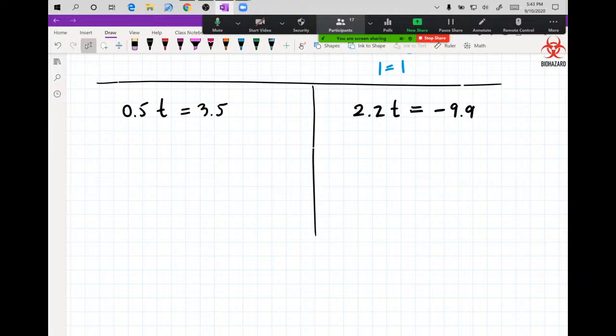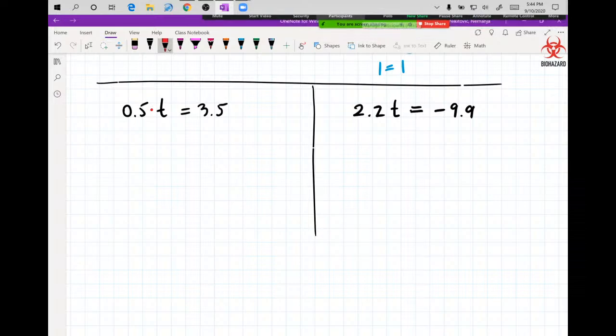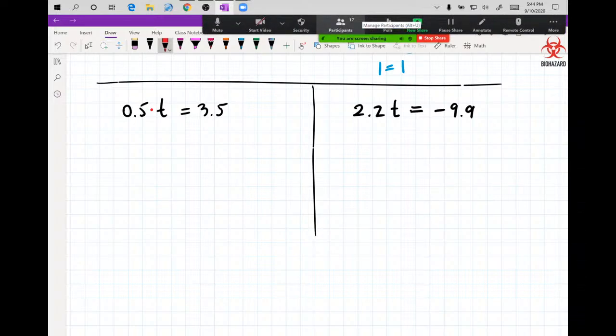What do we do for the first problem on the left? There is a solution. But it's multiplication. Okay. All right, so here we go.